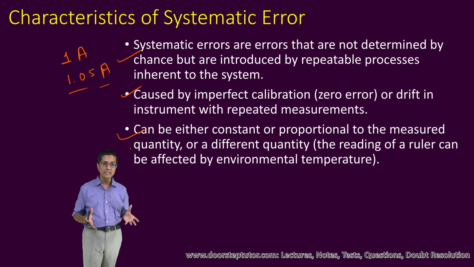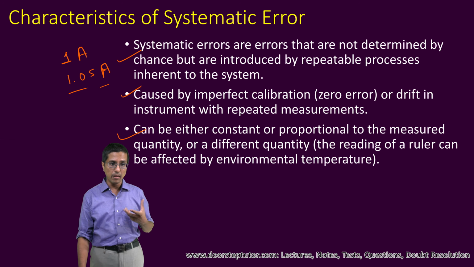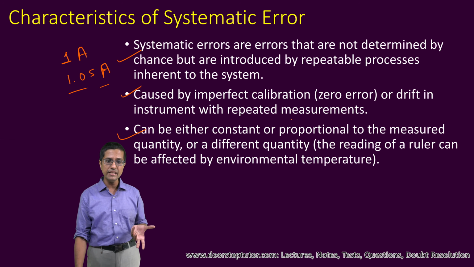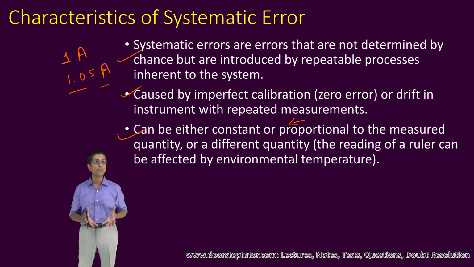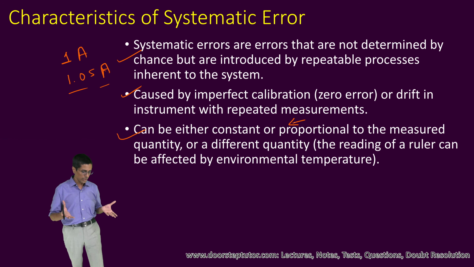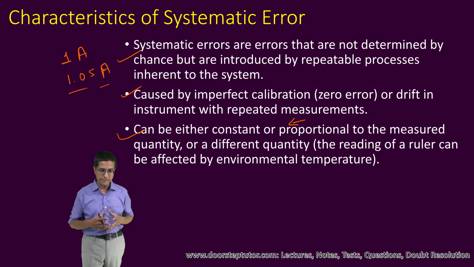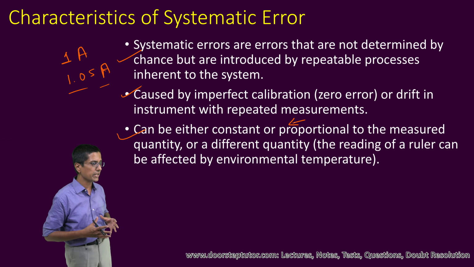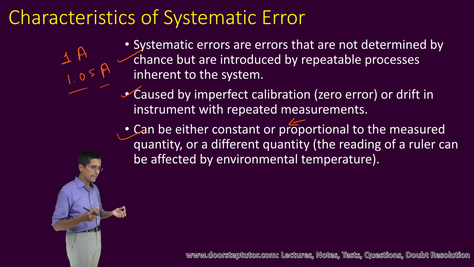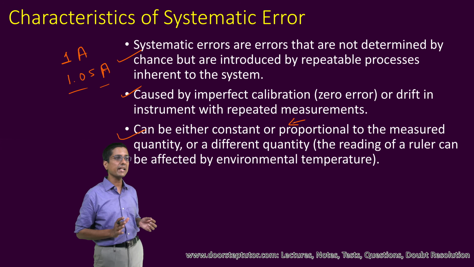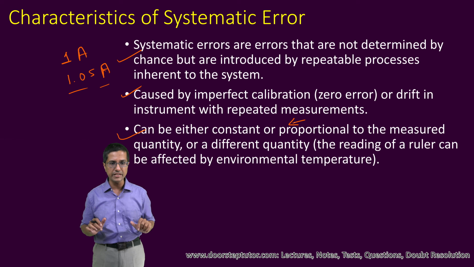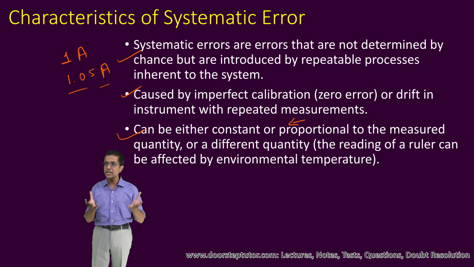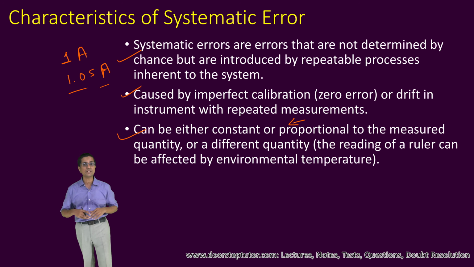In that case, the errors can be proportional to the measured quantity. A good example of that is a thermometer. If the thermometer is reading 100 degrees, then its systematic error can be only 10 degrees. If the thermometer is reading 200 degrees, then it can have an error as much as 20 degrees.